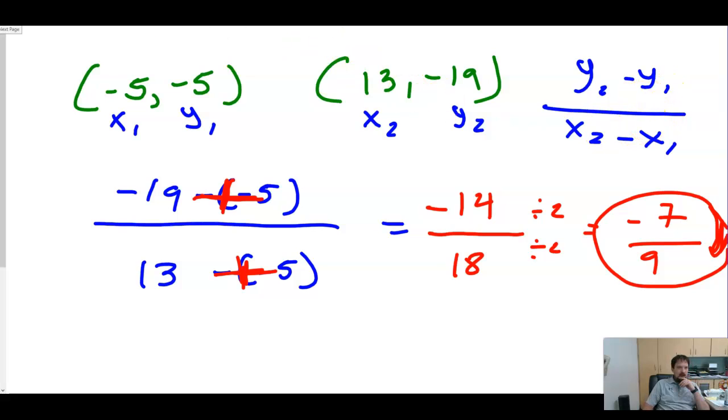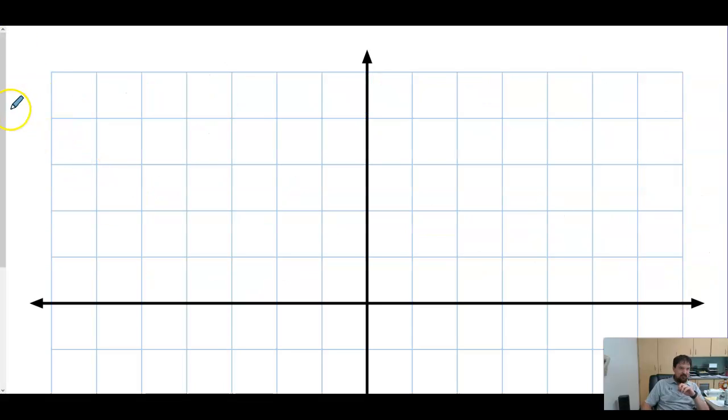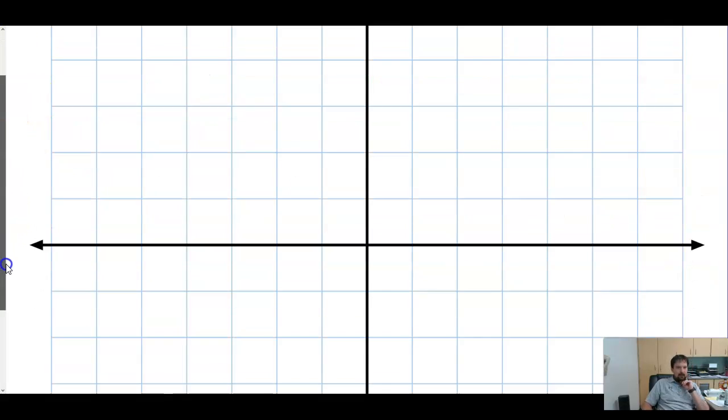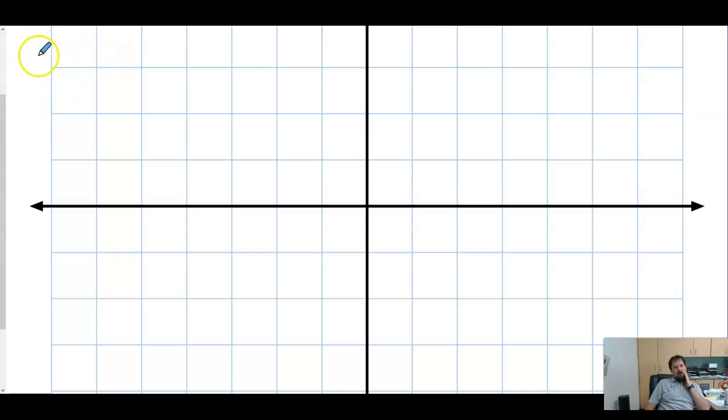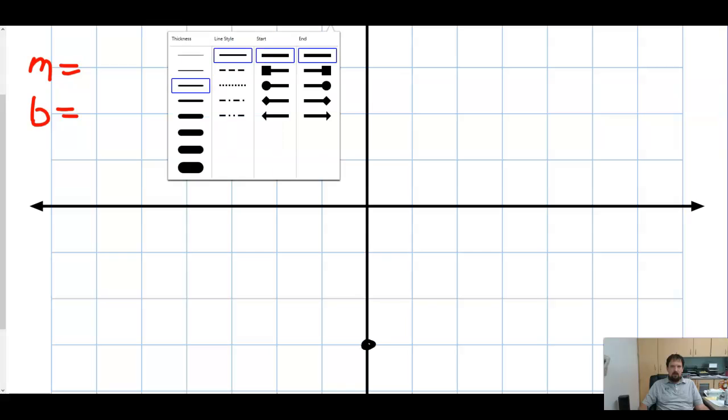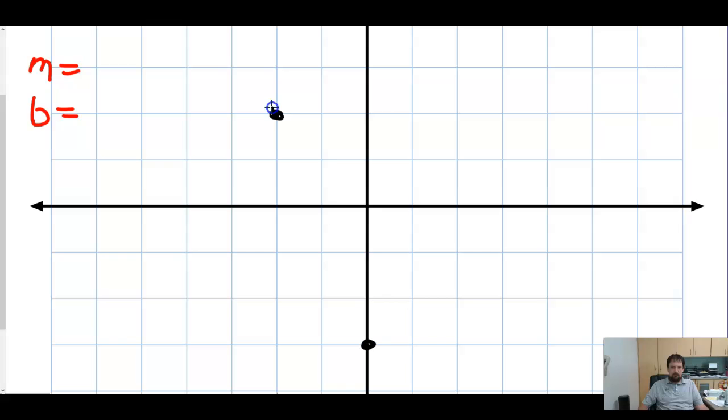Okay, now let's look at our graphs. So if you remember, y equals mx plus b. M is my slope and b is my y-intercept. So if I have a graph that goes through this point here and this point here, let's say I have this line right here that goes all the way through.